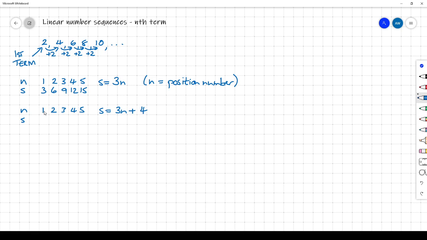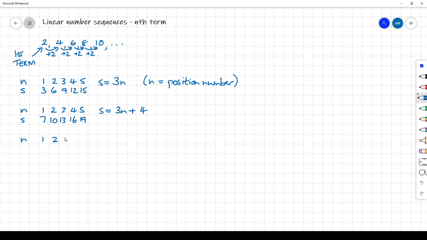So 3 times 1 is 3 plus 4, 7. 3 times 2 is 6 plus 4 is 10. 3 times 3 is 9 plus 4 is 13. 3 4s are 12 plus 4 is 16, and 3 5s are 15 plus 4 is 19. Okay, that was fairly straightforward as well. Let's look at one more.